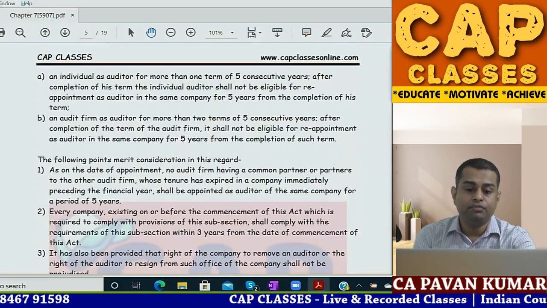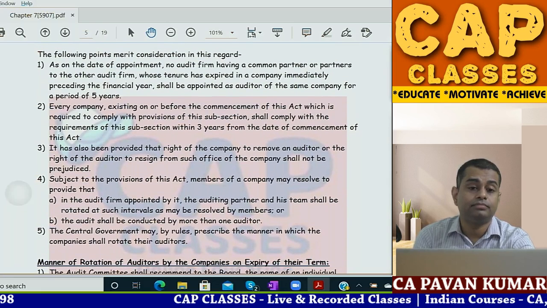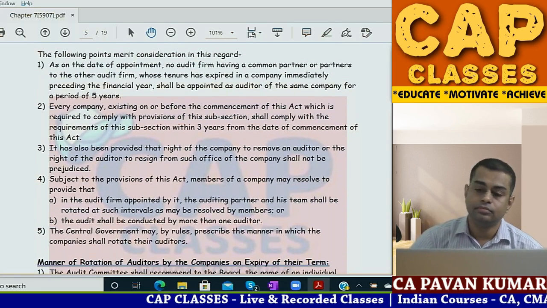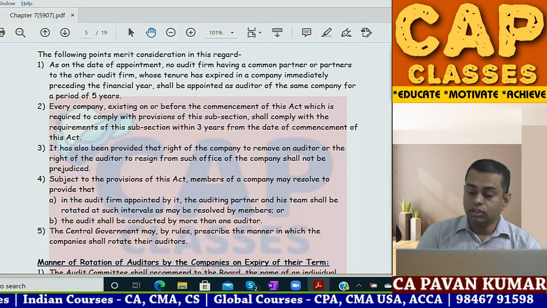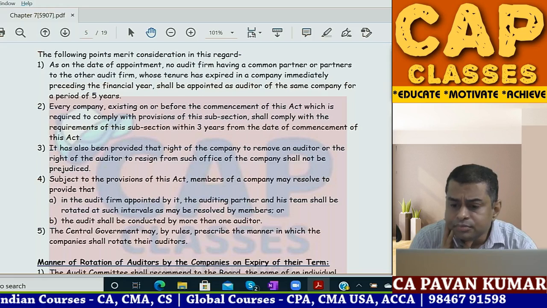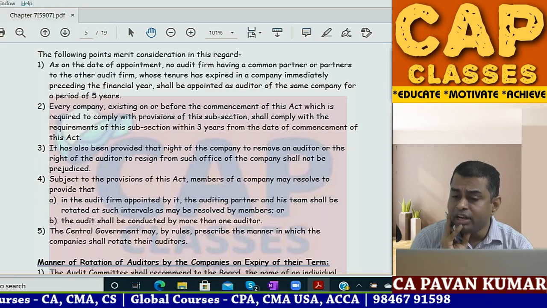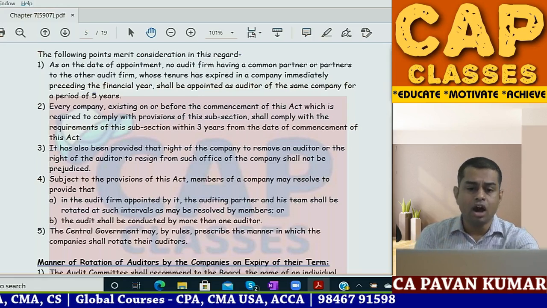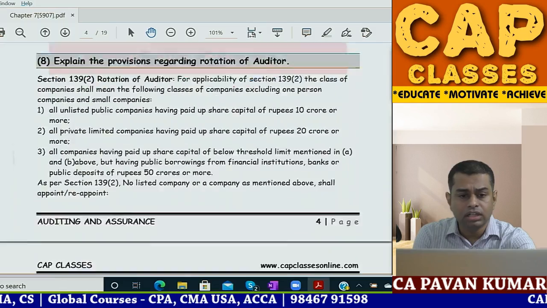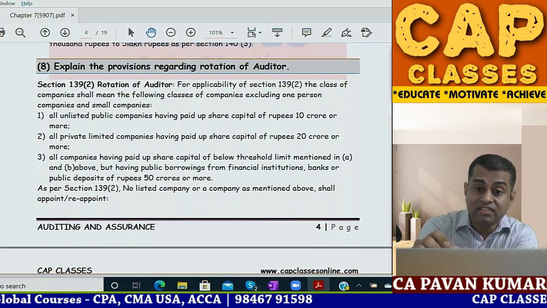These are the provisions, so read these points. There is a doubt. Some student is asking, sir, for a private limited company, is the paid up capital limit 20 or 50? So this is 139(2), no? In 2017 there is an amendment.